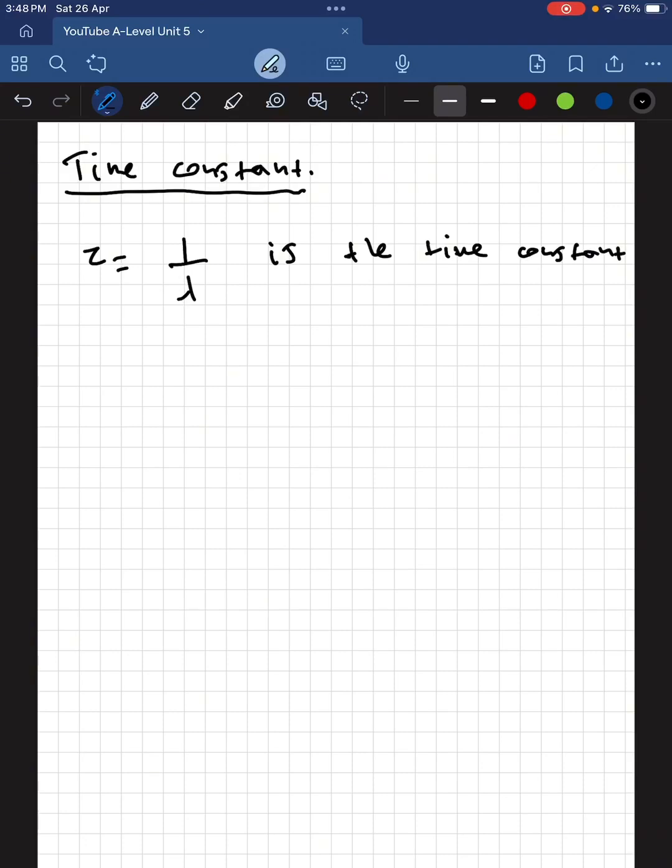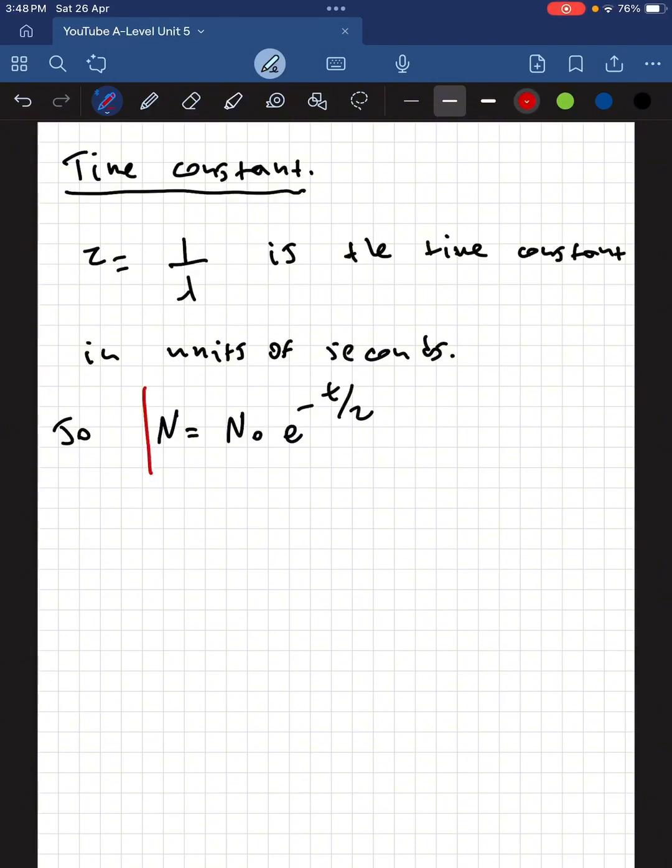Since lambda has units of inverse seconds, tau has units of seconds. N is also given by the formula N equals N naught e to the minus t over the time constant. That's another form of this equation.